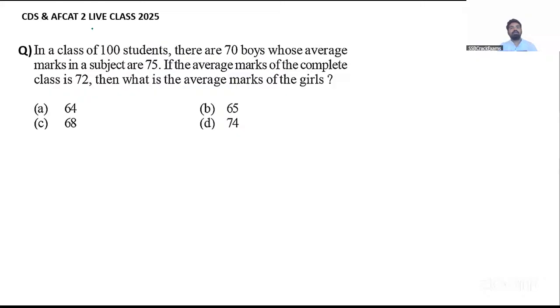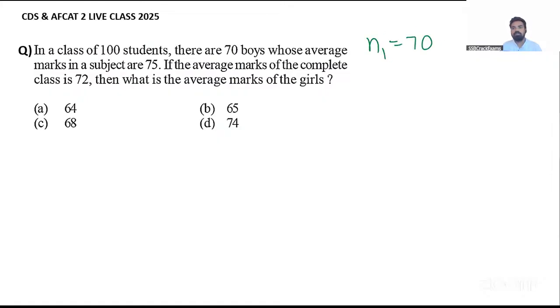It is saying that in a class of 100 students, there are 70 boys whose average marks in a subject are 75. The average marks of the complete class is 72. Then what is the average marks of the girls? So let me help you with this question. Let the number of boys be n1 is equal to 70.